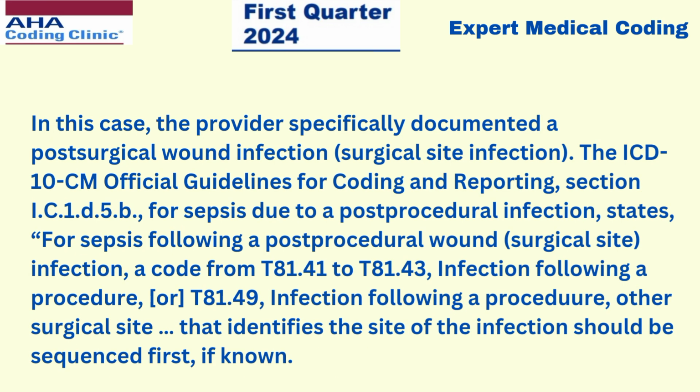CABG. In this case, the provider specifically documented a post-surgical wound infection, surgical site infection. The ICD-10 CM official guidelines for coding and reporting, section I.C.1.d.5.b, for sepsis due to post-procedural infection, states: for sepsis following a post-procedural wound surgical site infection, a code from T81.41 to T81.43, infection following a procedure, or T81.49, infection following a procedure, other surgical site, that identifies the site of the infection should be sequenced first if known.